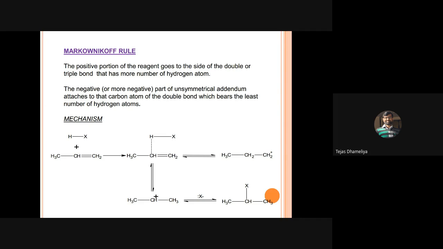In other words, hydrogen will be added to the carbon which has more hydrogens. Simply, look, the carbon-carbon double bond was here, here it was CH2, so hydrogen should add at this position and the halide here. That is it, fundamentally solved.